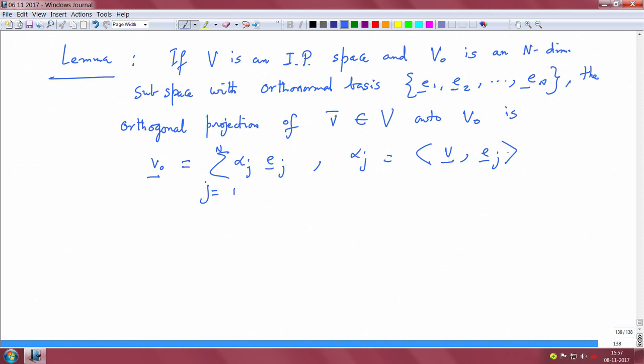So, we proved this result, and this is exactly the interpretation of the Fourier expansion.